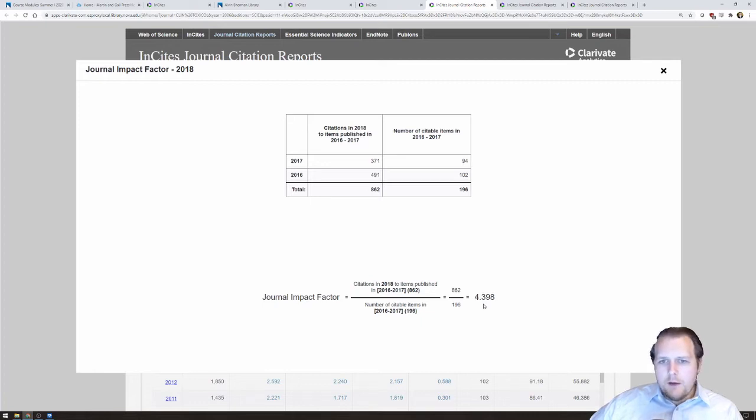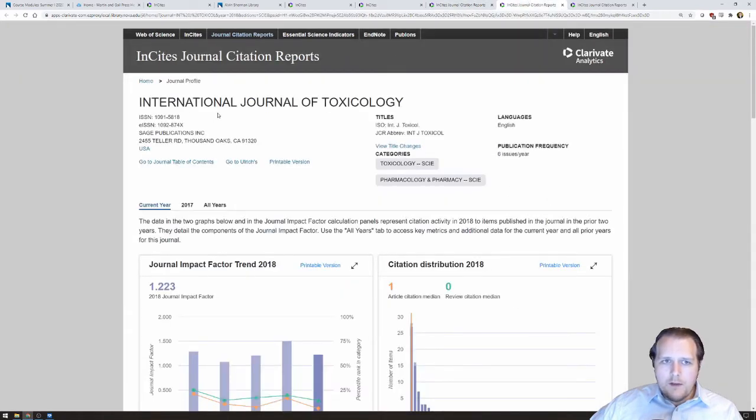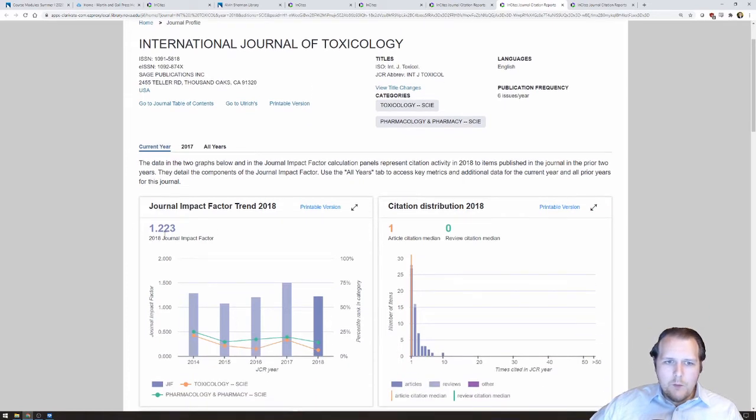But the useful thing we can do with impact factors is compare them to other journals within the same sort of category. So for instance, here's one called the International Journal of Toxicology. Now we saw for ClinTox that had about 4.4. This one only has an impact factor of 1.223, which means for every article that they publish, they get roughly one citation out of that.